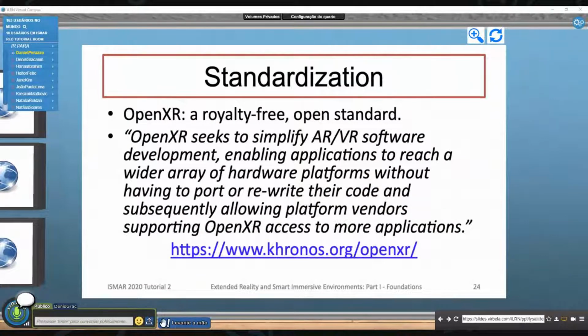We have the standardization on the part of Internet of Things, where we mentioned MQTT and similar protocols that are being used, but also we can use OpenXR, a relatively free open standard that allows us to make software development easier, because we can have an application that can provide support for a number of hardware platforms without the need to rewrite the code, and therefore we also can use it to have that kind of forward compatibility for future devices.